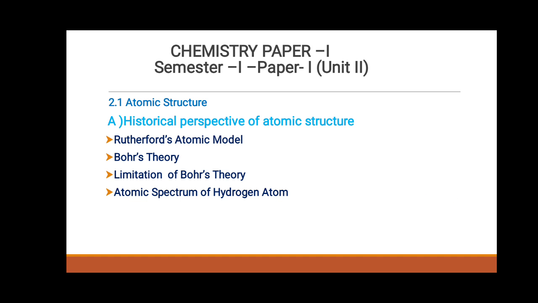Let's move. Chemistry paper 1, semester 1, unit second, that is 2.1 atomic structure, and 2.2, that is periodic table and periodicity. In 2.1 atomic structure, there are two parts.